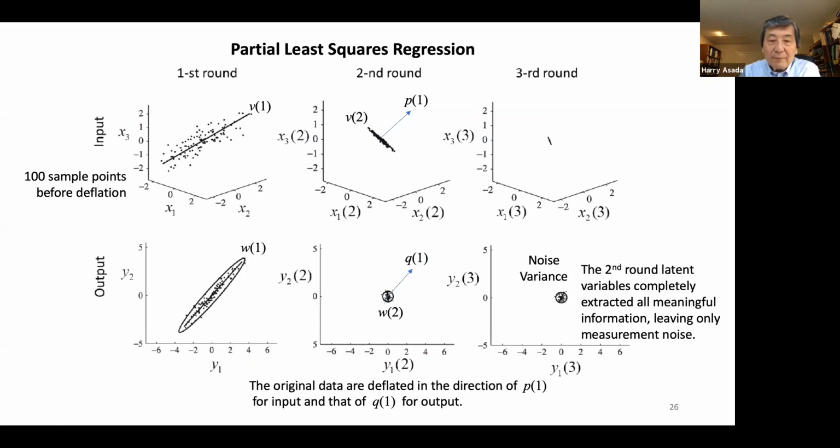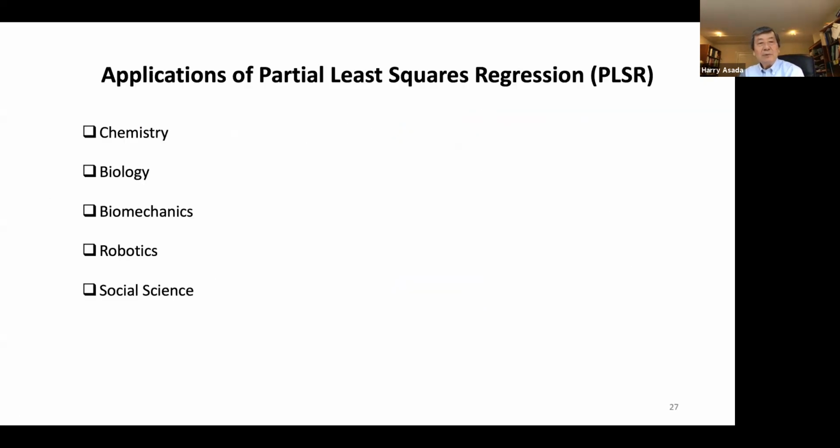Yeah, we have many application areas for partial least squares regression. As I said, chemistry and biology are two major areas, and biomechanics. I guess people are now using IMUs, placing the IMU at many parts of the body, right?